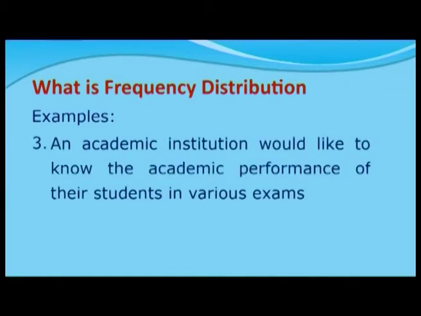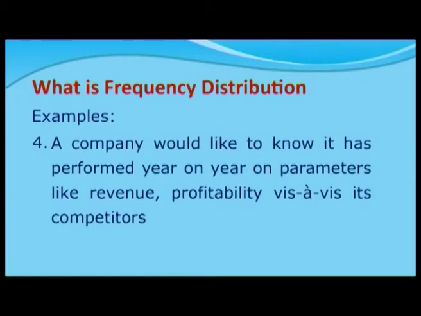An academic institution would like to know the academic performance of their students in various exams. A company would like to know how it has performed year on year on parameters like revenue, profitability vis-a-vis its competitors. This way of compressing data brings more meaning to the data for better interpretation and effective decision making.